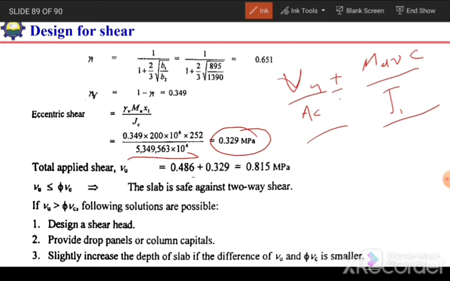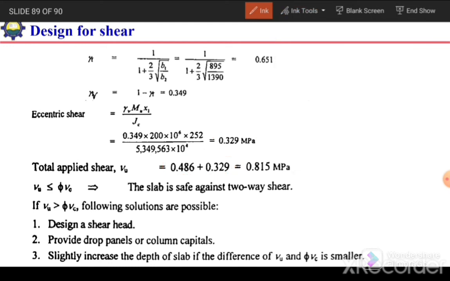So we only need to add these two values to get the maximum applied shear. This is direct shear and this one is the indirect shear. If we add these two values, we get the maximum applied shear, which causes the punching of the slab. So it is 0.815 megapascal.